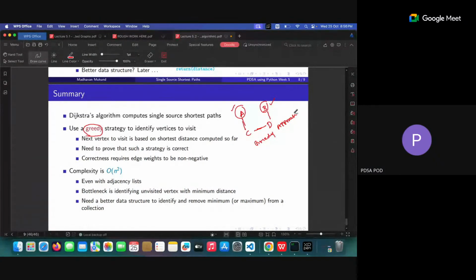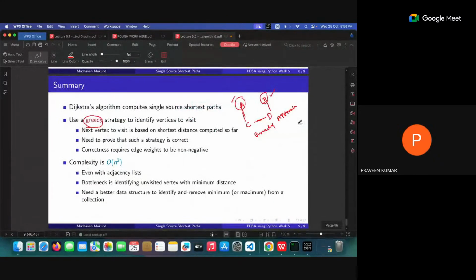So that's it about Dijkstra's. I hope it's clear why this is a greedy approach. Greedy approach is very simple.